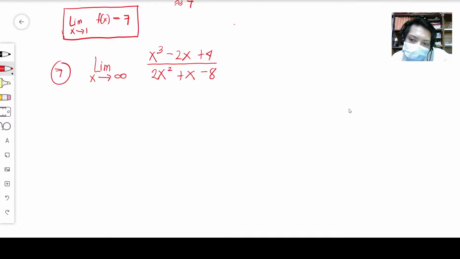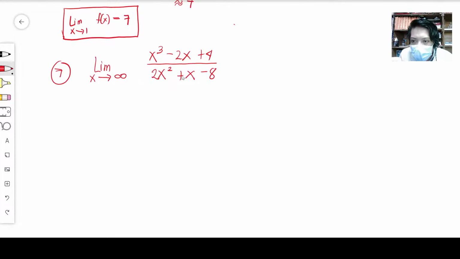The limit of x cubed minus 2x plus 4 all over 2x squared plus x minus 8 as x approaches infinity. I'm sorry. Okay, so how do we solve for the limit of this type of function when x approaches infinity?